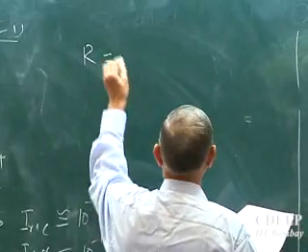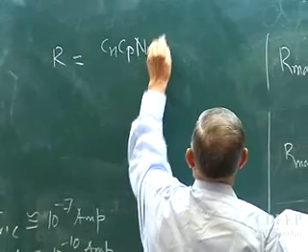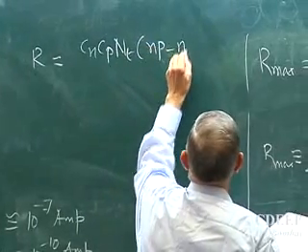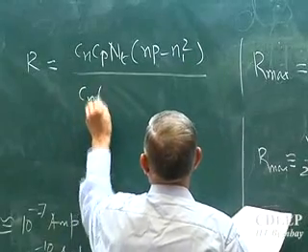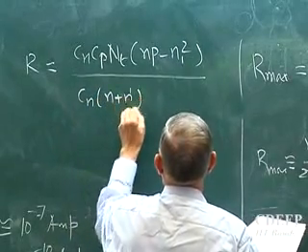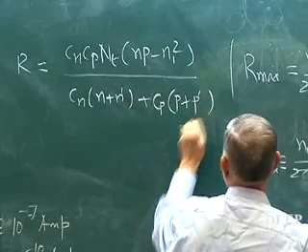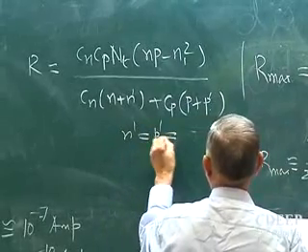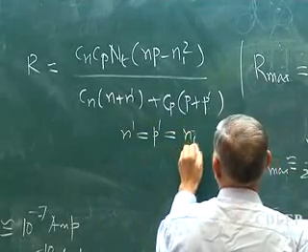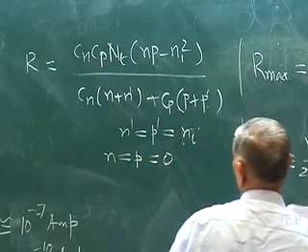R is equal to (pn − Ni²) divided by [τp(n + n') + τn(p + p')], in terms of Cp, Cn and N_T. I already said n' is equal to p' is equal to Ni, and n is equal to p is equal to 0.